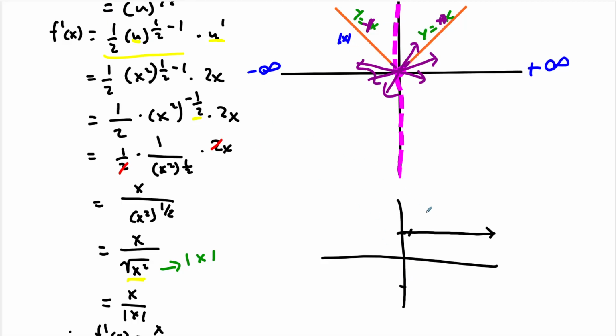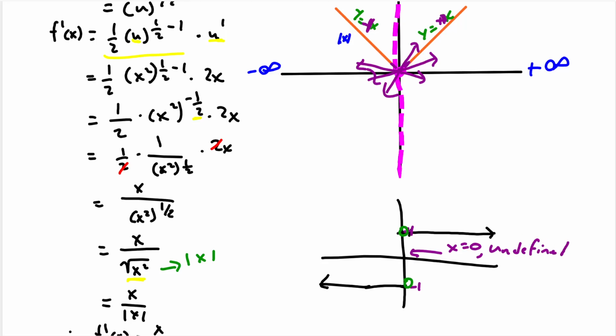Let me use a marker as well. And then here at 0, it should look something like this. There should be a hole here because it's not defined at that point. So at x equals 0, it's undefined.